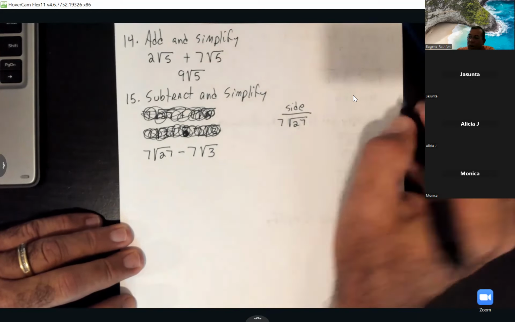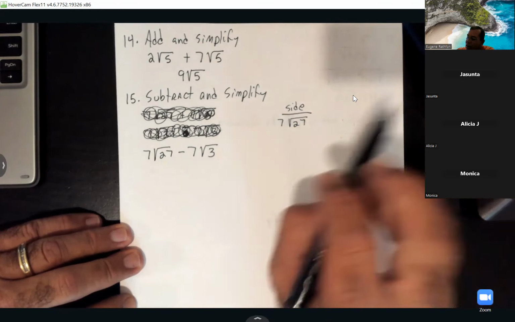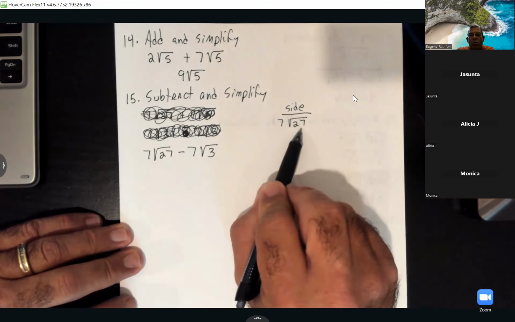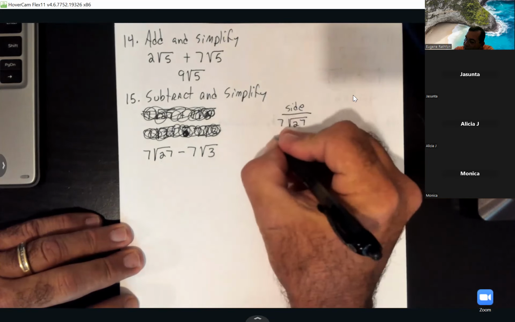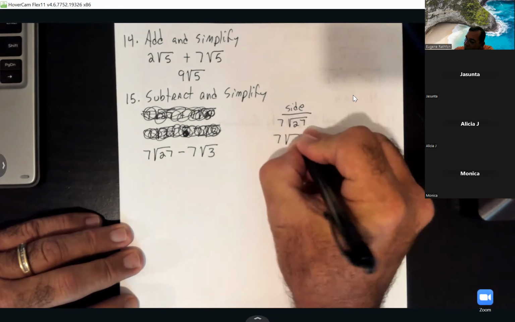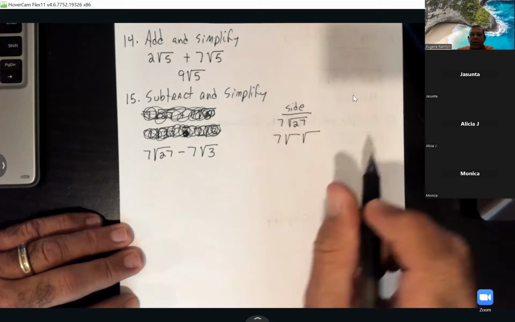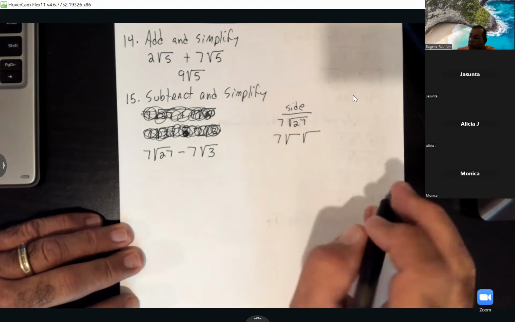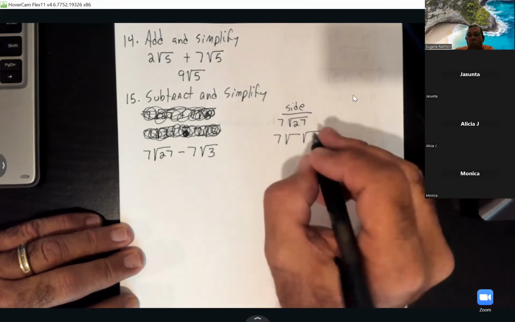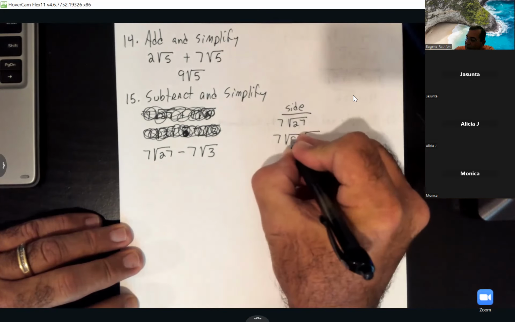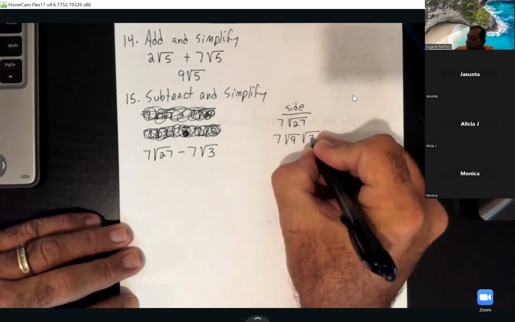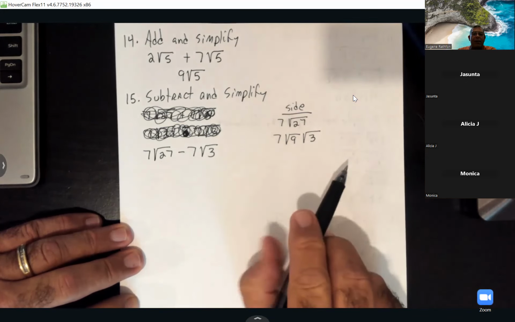And I'm looking through my perfect squares that I gave y'all to see what the largest factor of 27 is. So bring this 7 down and make that 27 into 2 radicals. If you go through the numbers of perfect squares, you'll find the largest perfect square factor of 27 would be 9. That puts a 3 in the other radical.